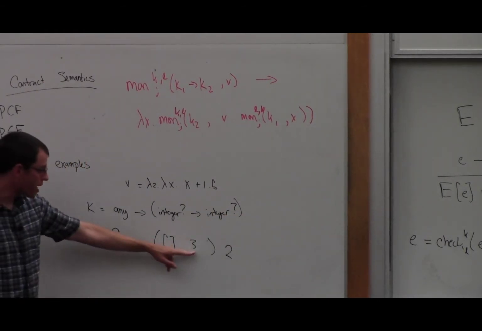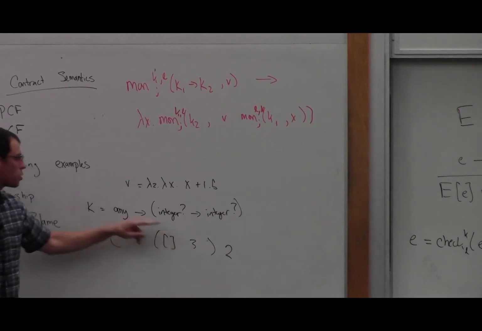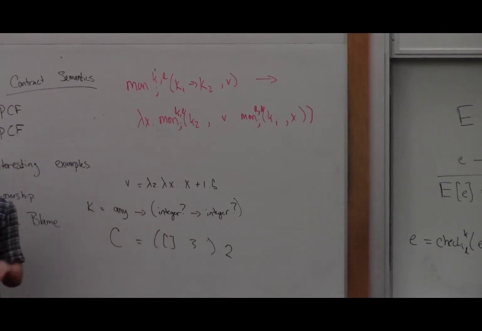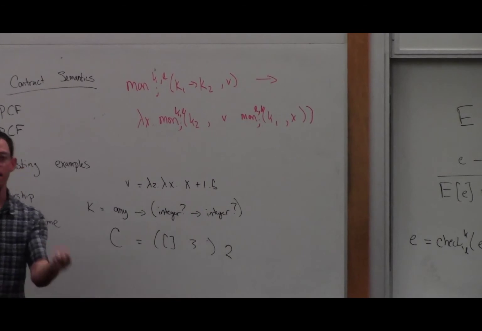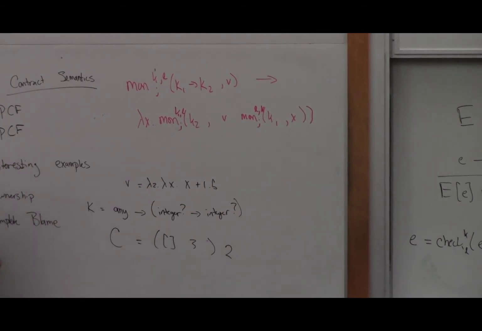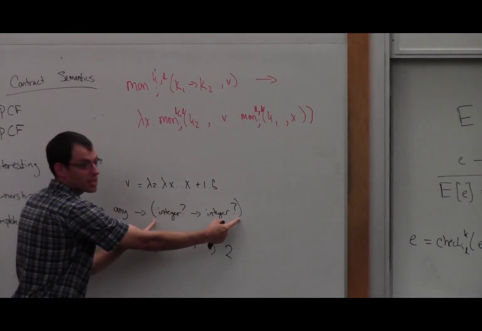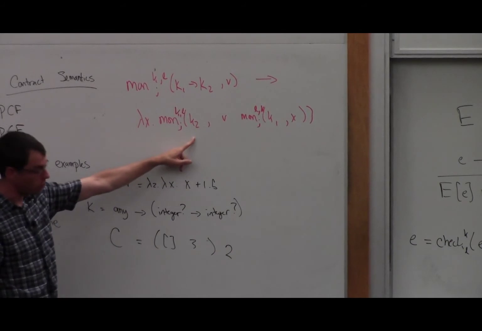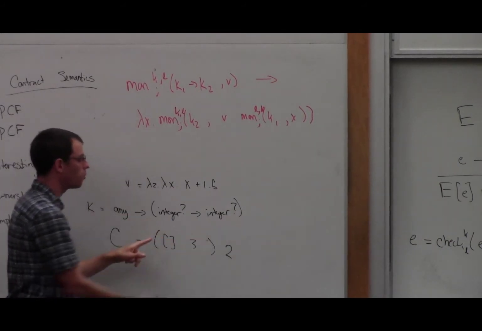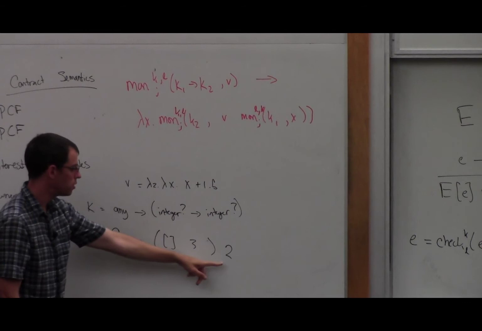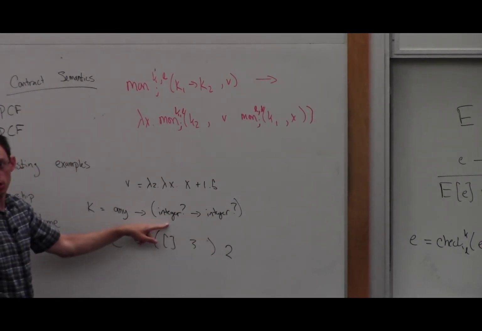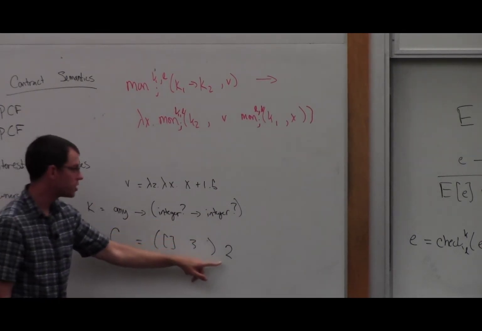We apply 3. We hand 3 to v. Okay, so then v gives back a function. So v is responsible for this function living up to this contract, which is k2. Then we supply 2 to this integer contract, which it satisfies.